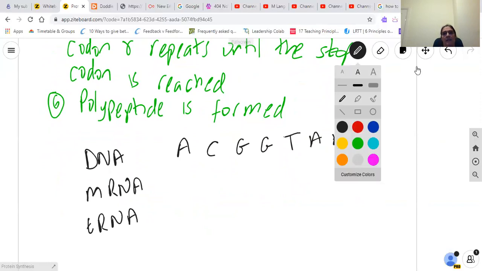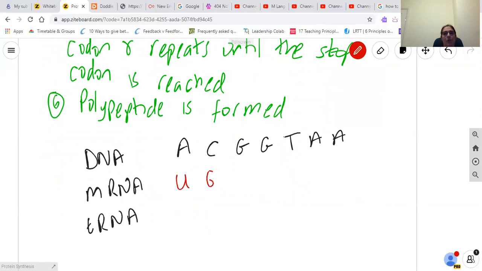For example, they'll ask you to fill in the messenger RNA. Remember, it's going to be complementary, but you mustn't have a T in there. So that would be U. Oops, mistake there. A, U, U.